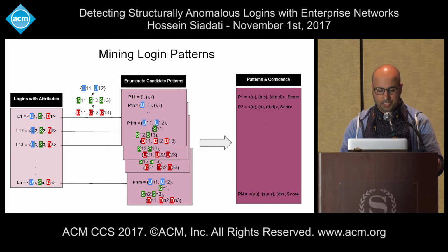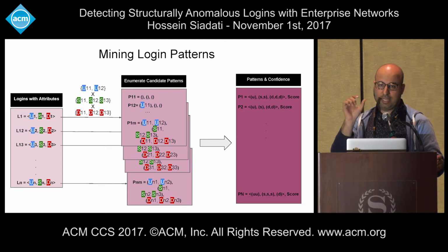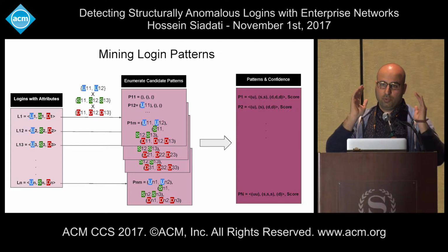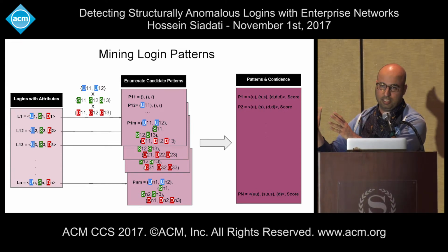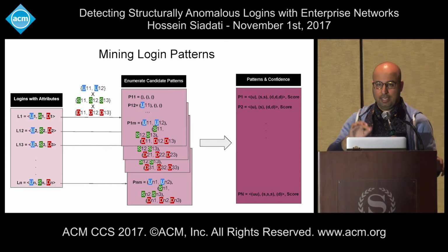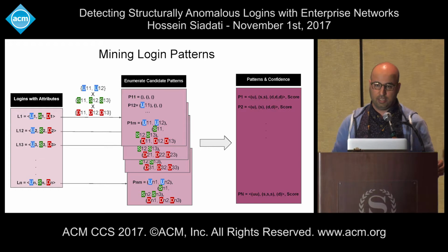For each of the logins, we compute the Cartesian multiplication of the power set of the attributes, because we don't want to fix the attributes saying that a user with all these attributes from a computer with all these attributes connected to a destination with all these attributes. Any combination of the subset of these attributes also can create a pattern.